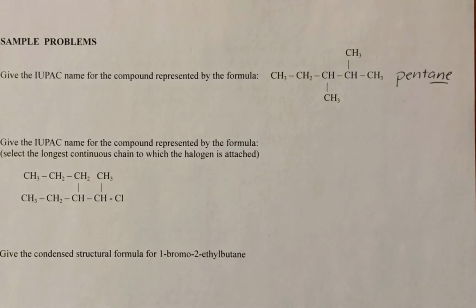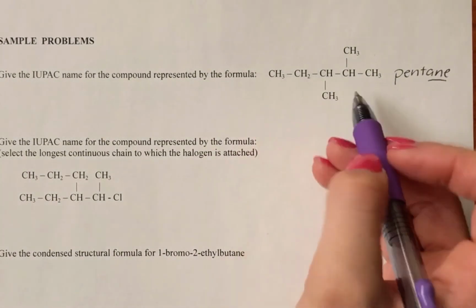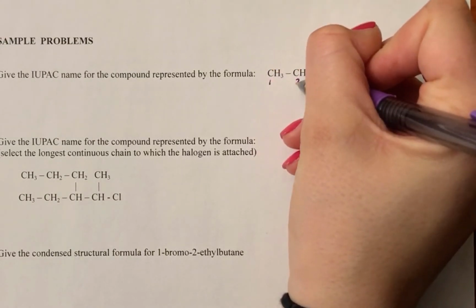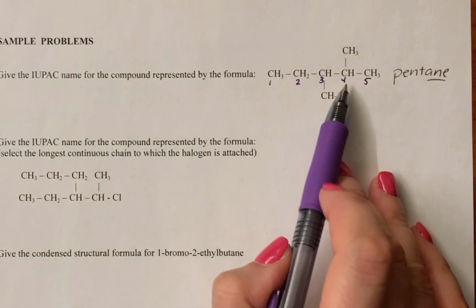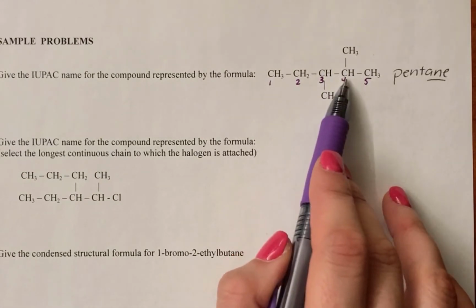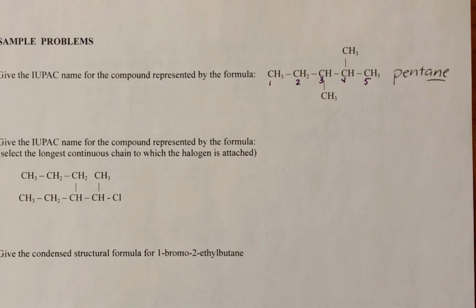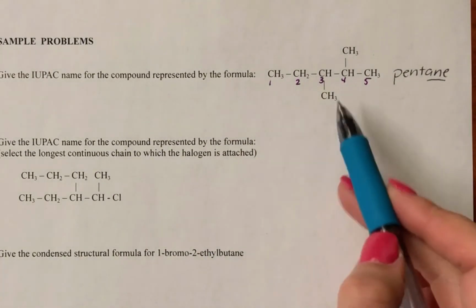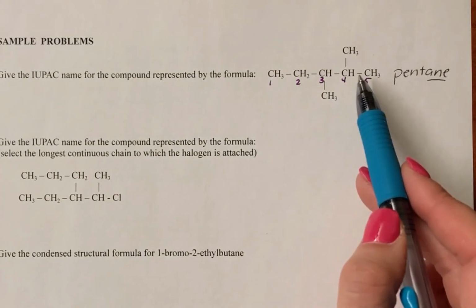Now we want to number our carbons. If I number them from left to right, it would be 1, 2, 3, 4, 5. It doesn't matter if I drew it this way or that way, as long as my longest chain is 5 carbons. At this point I would have a substituent off of the 3rd and the 4th carbon.